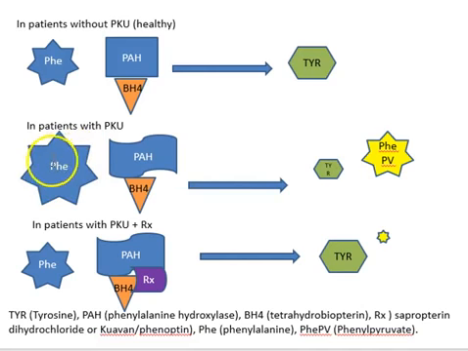And this is problematic because then this can go into a different pathway and make some of these other phenylalanine-like metabolites that are phenylpyruvates, and some of these can become toxic. And then they also, of course, feed into other biochemical pathways, which aren't listed here. So what this drug does is that in patients that have PKU, it binds to this complex right here, and it basically serves as a facilitator for a BH4 PAH type interaction.